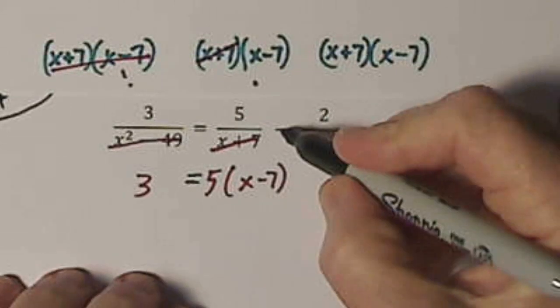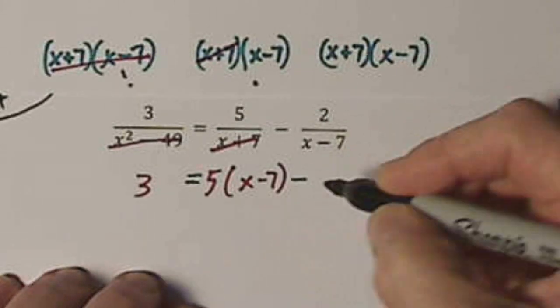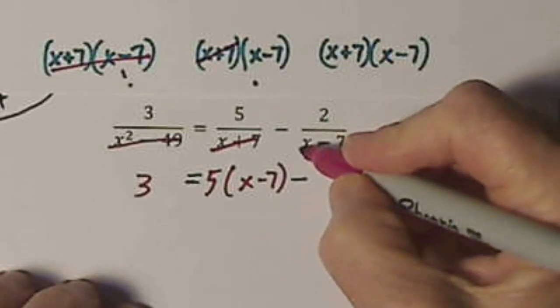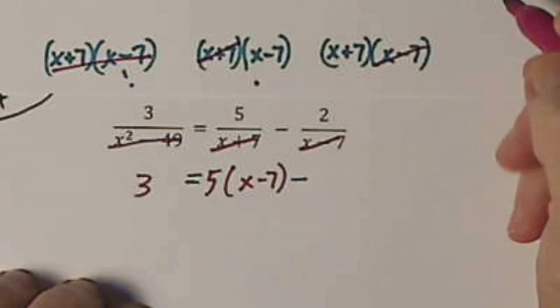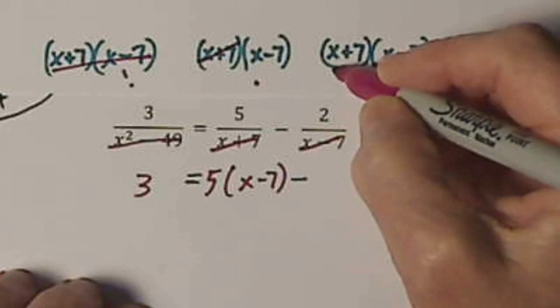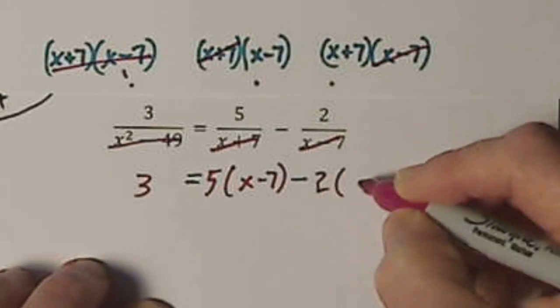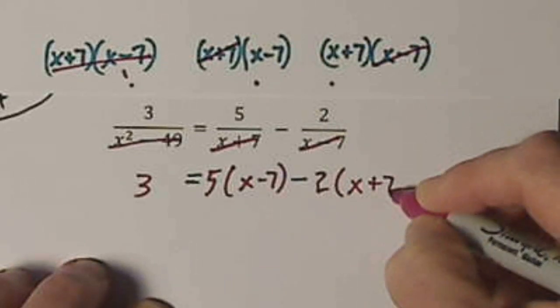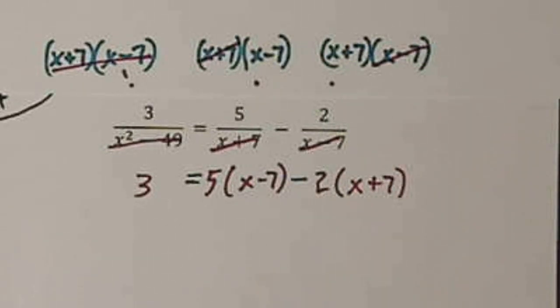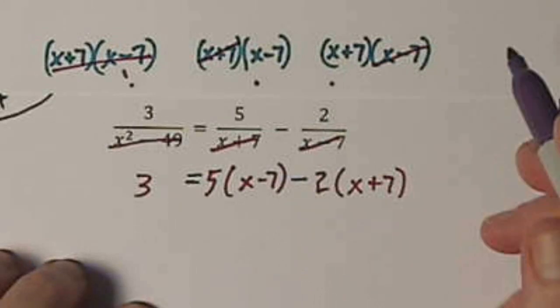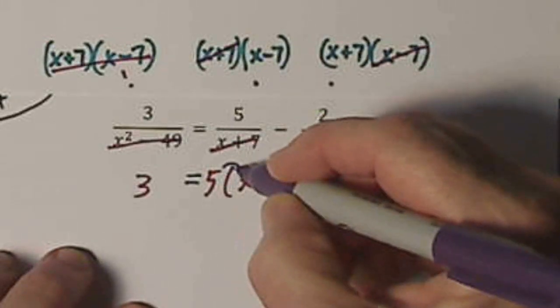Now I'll bring down this negative sign. It's right there. And x minus 7 cancels x minus 7, and I have 2 times this quantity. Plus 7. Okay, now to clean this up, we need to get into these parentheses. So send in your 5.